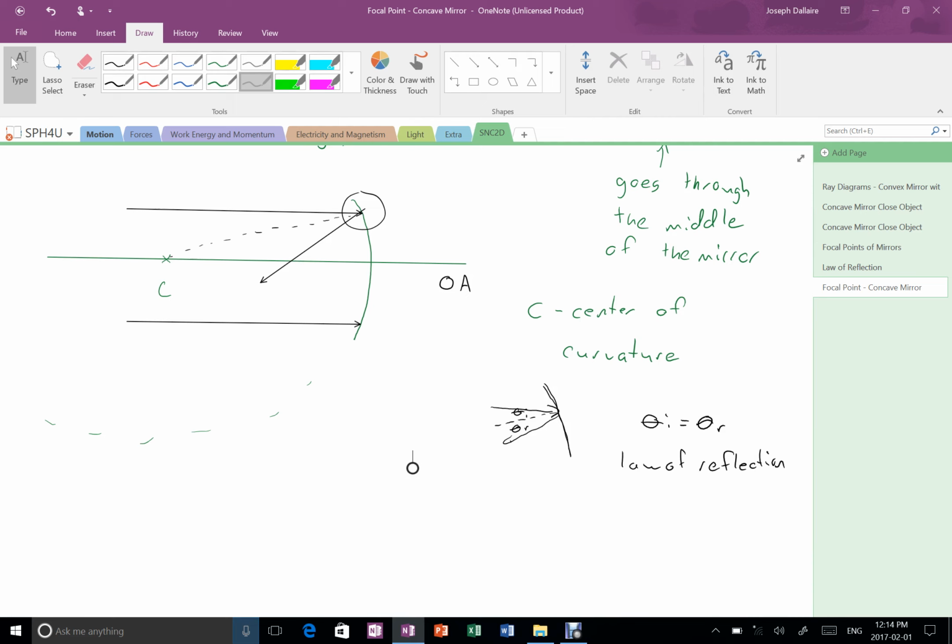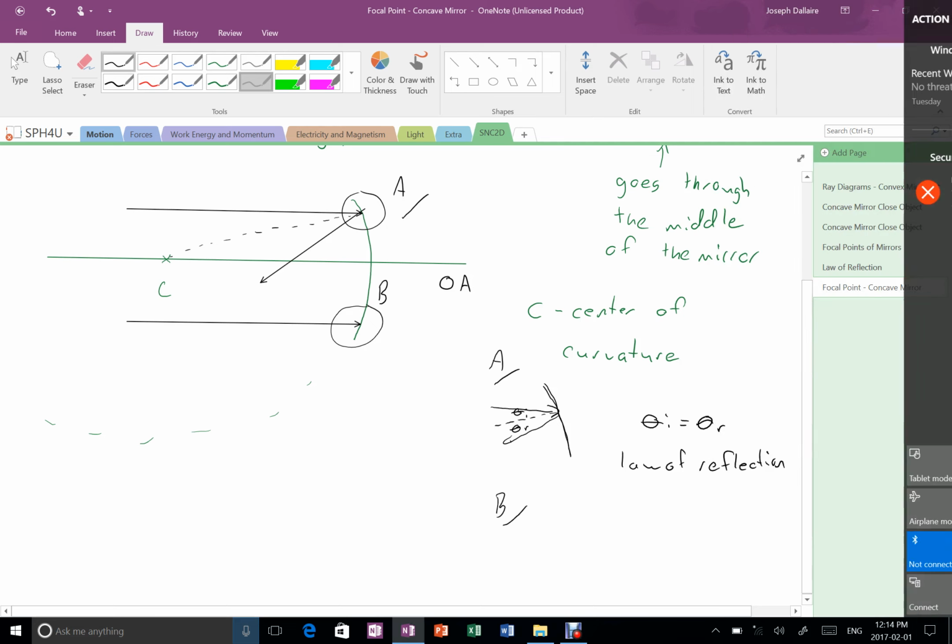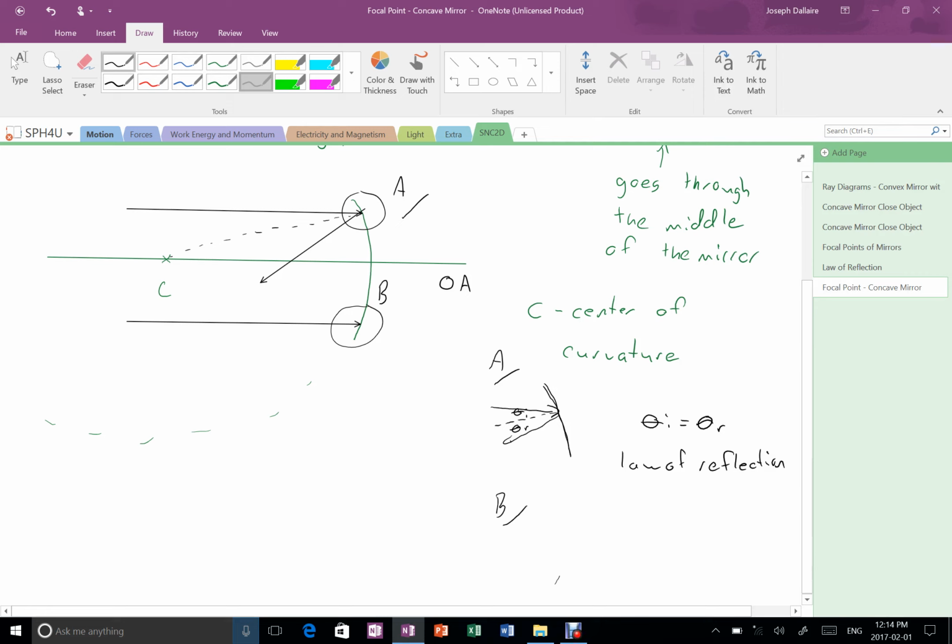Now let's do the same discussion, but let's look at this circle right here. So I'll call this A, and I'll label this A so we remember. And then I'll call this B, and I'll label this one B so we can keep them straight. At this part of the mirror, the normal going to the center of curvature looks something like that.